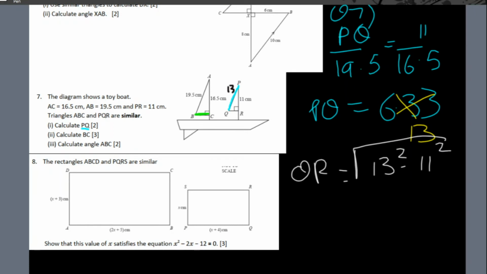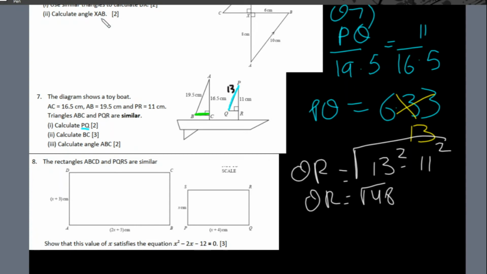This question overlaps with trigonometry. So I get 13 square minus 11 square, which gives me 48. So I'll write QR equals under root 48. I won't use the decimal value so that I don't end up doing some early rounding.